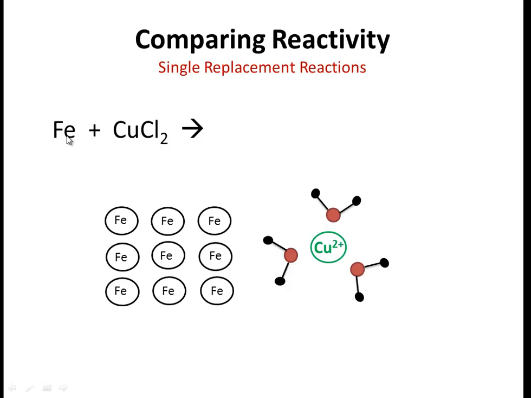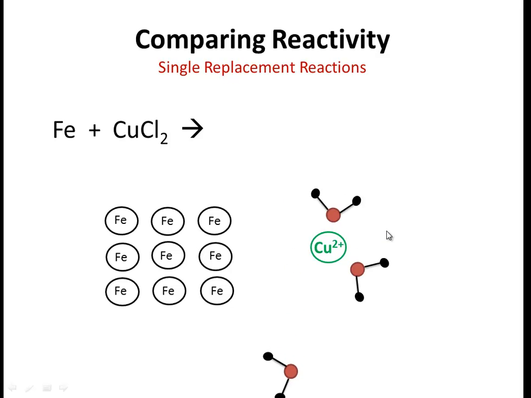Since this is a single replacement, you know that the iron is going to be replacing the copper in the copper chloride solution. So let's focus on what the copper is doing. Here comes copper, getting ready to come into contact with the iron nail. It's surrounded by water molecules.